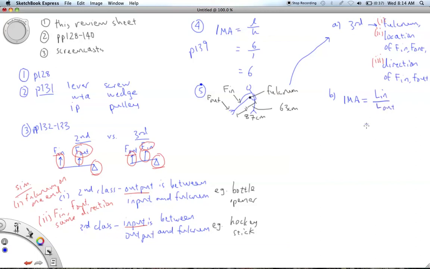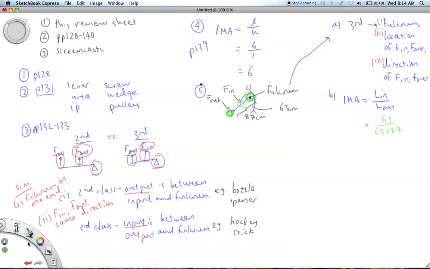The input distance is the distance from the fulcrum to the input force. So that distance there is simply 63 centimeters. Now the output is the distance from the fulcrum to the output force. So that's going to be 63 plus 87.